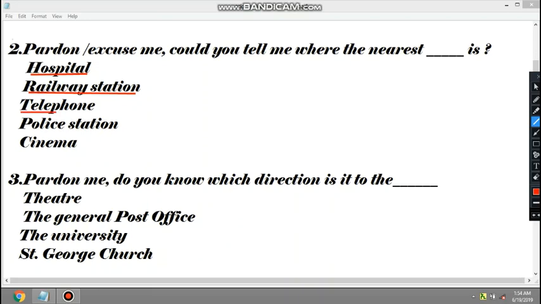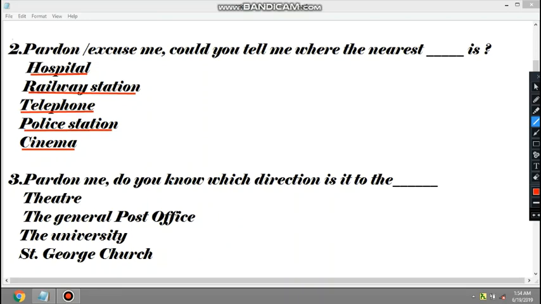If you are looking for a telephone. Could you tell me where the nearest police station is? And could you tell me where the nearest cinema is?